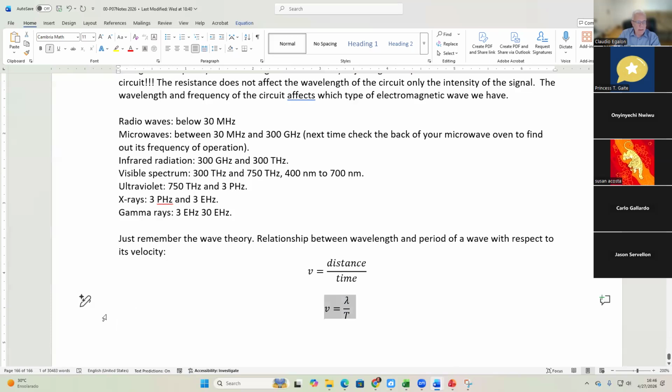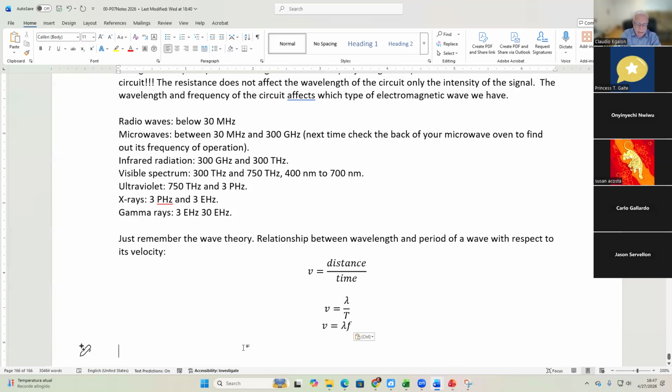By the way, the inverse of the period is the frequency of the wave. That's another way of writing the speed of a wave, lambda f.